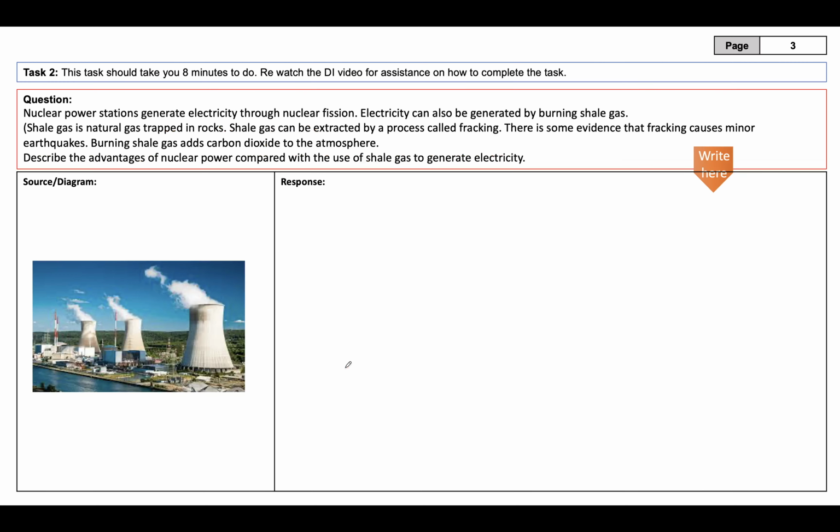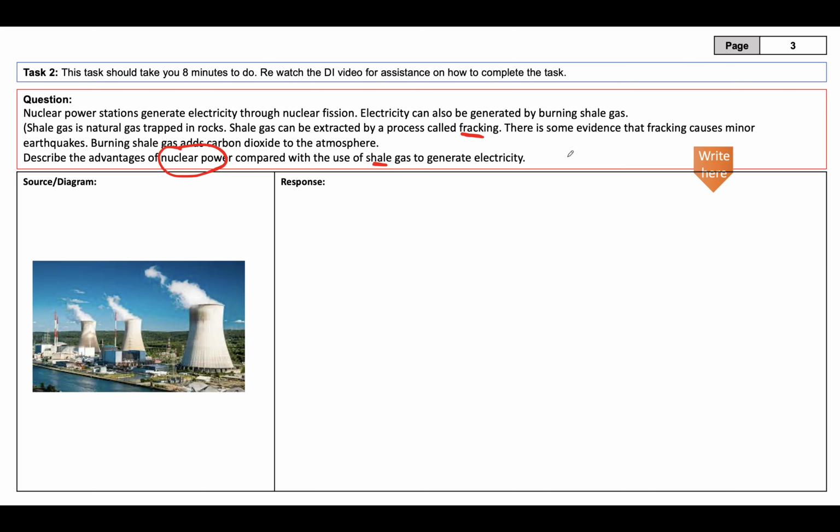Okay, so your first main task really is to evaluate nuclear power compared with shale gas. So shale gas isn't something that is on the specification, so we don't need to know any information that isn't in the question. We know it's gas that's trapped in rocks, so it's extracted by fracking.